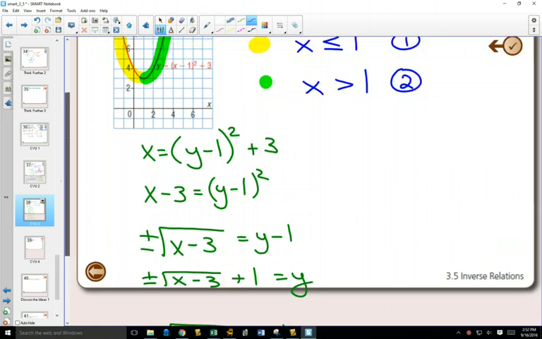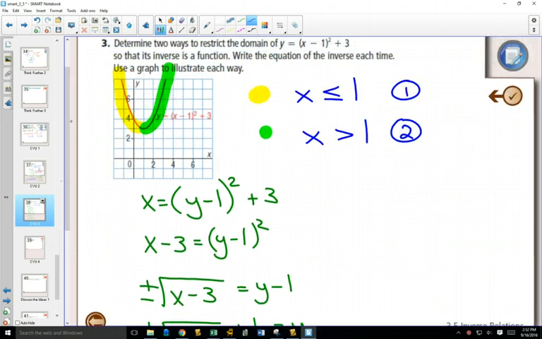If we go back to our graph and use the strategy of switching x and y to actually draw the graphs, what's going to happen to this point 1, 3? It's going to go to 3, 1. What about this point 2, 4? 4, 2. And 0, 4? 4, 0.